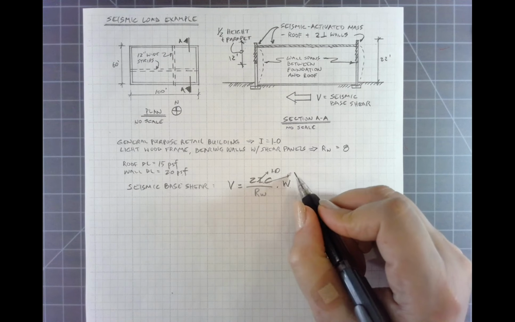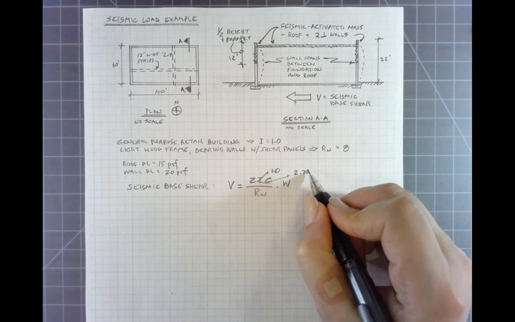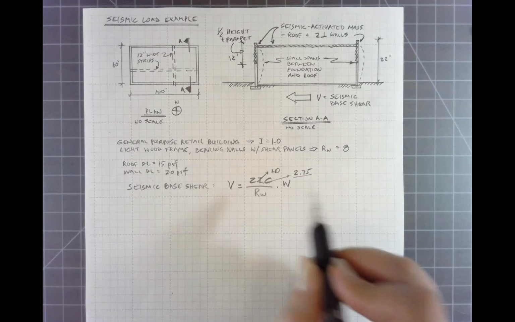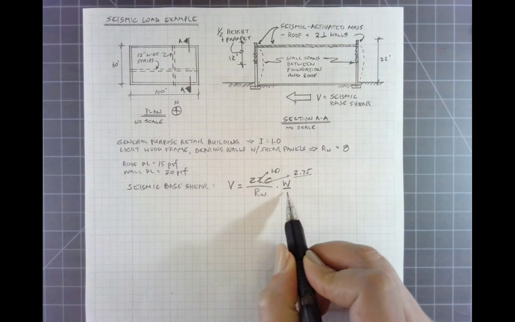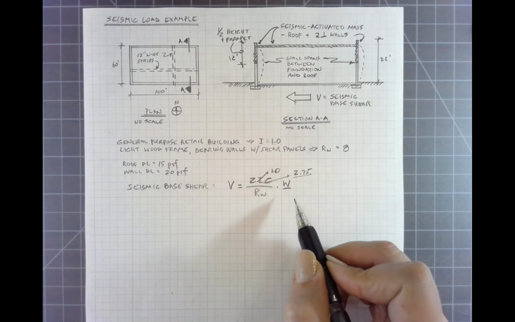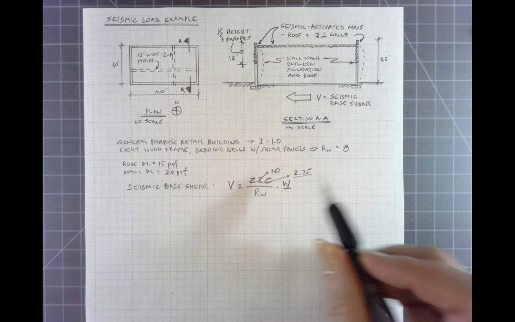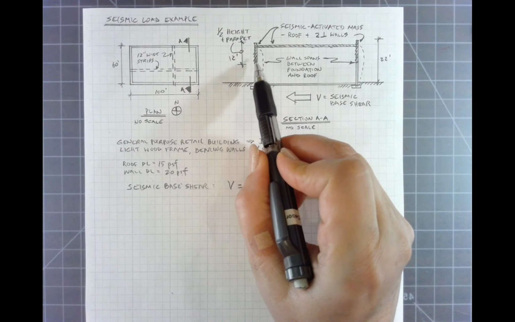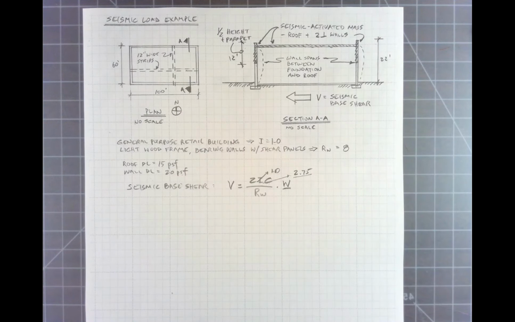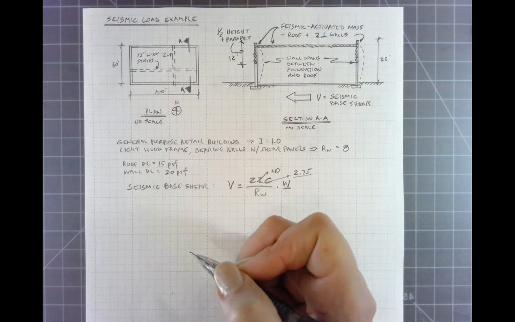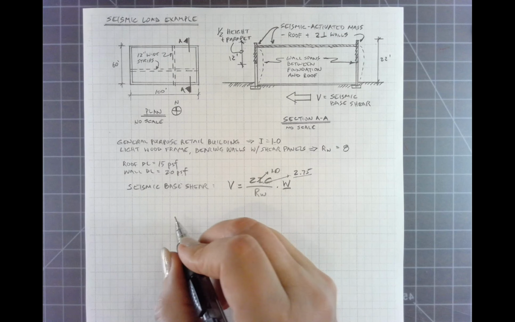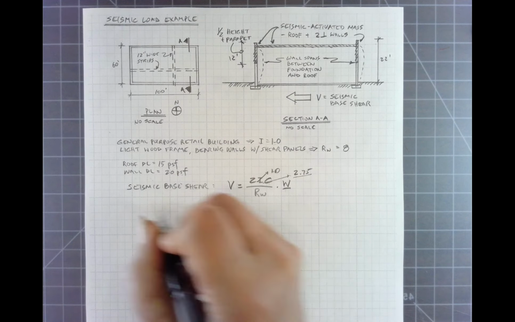So we'll just use a C factor of 2.75. So that's definitely conservative, and we don't have to worry about that. So right now we're interested in calculating this W right here, the dead loads. So W is this weight of the top portion of the building, the roof, and the 2 side walls. So we have to calculate the dead load in both the north-south and east-west direction. So let's do this in the north-south direction.